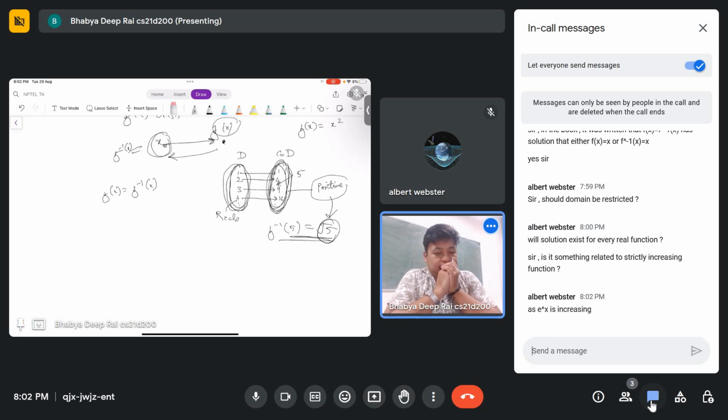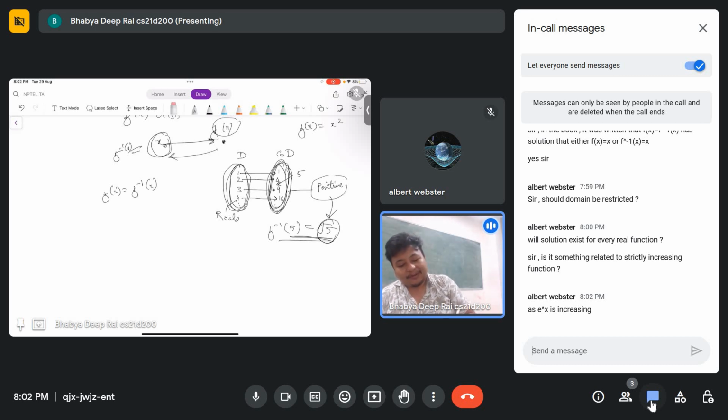Directly we cannot say it, because strictly increasing is in relation to an order, you need to first define an order, a greater-than order. Right off the bat I do not see any relation with a strictly increasing function.